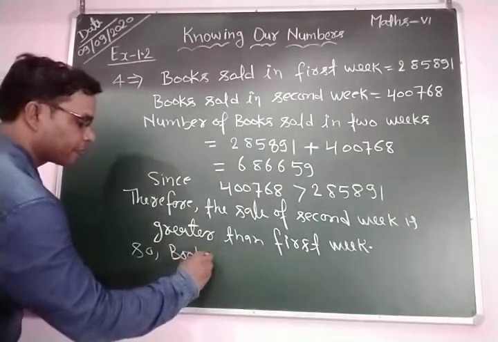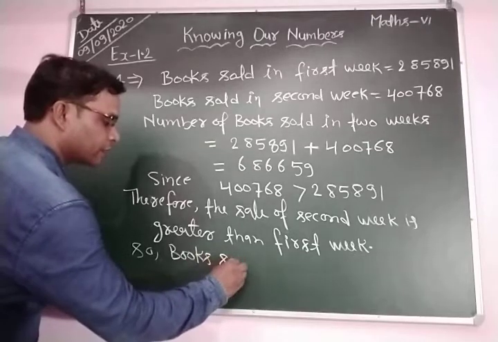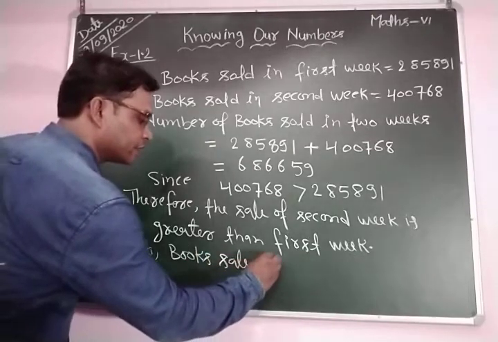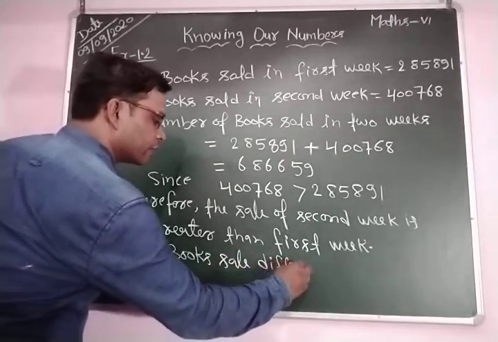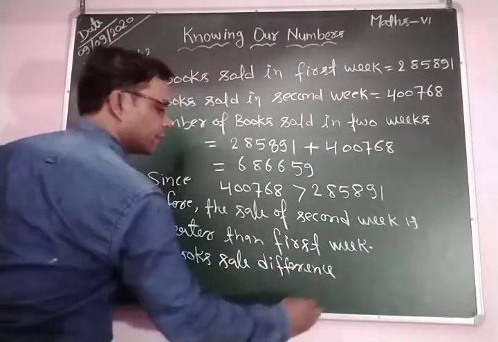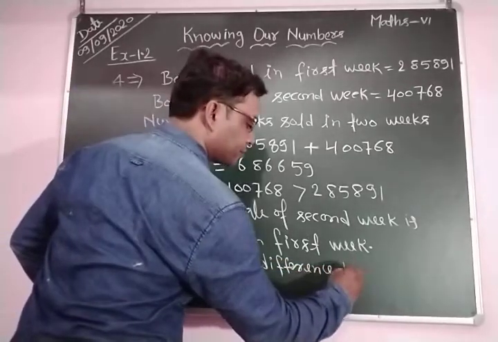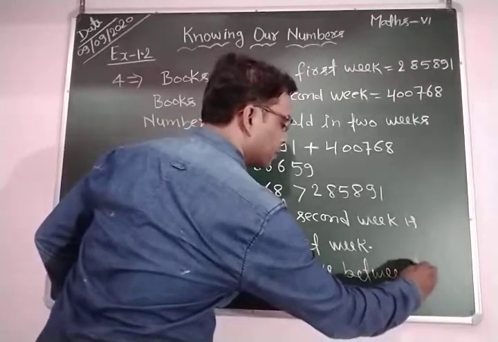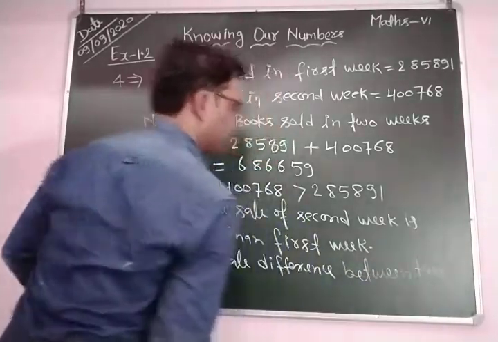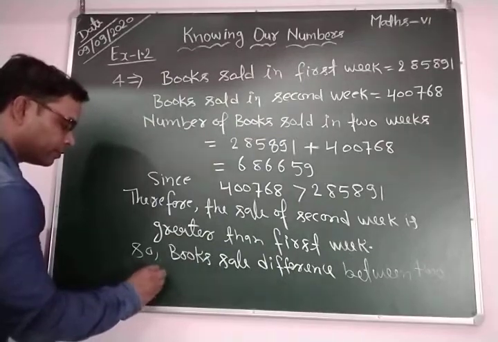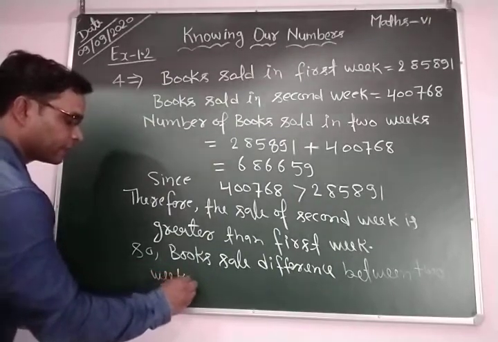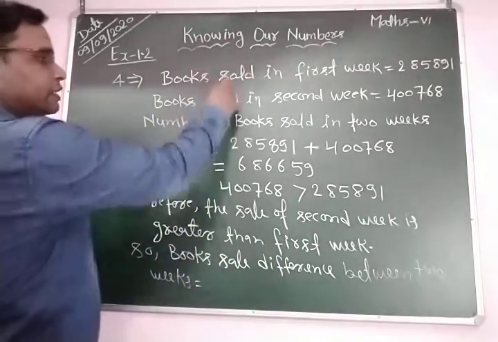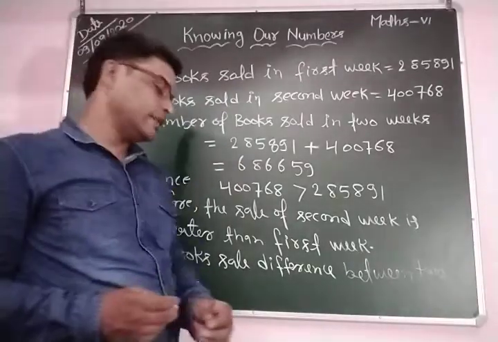So at last we can write here: books sale difference between 2 weeks. So this is first week, this is the second week.